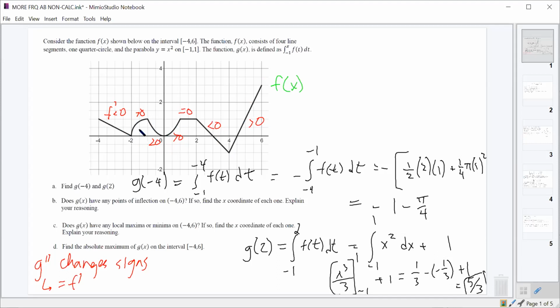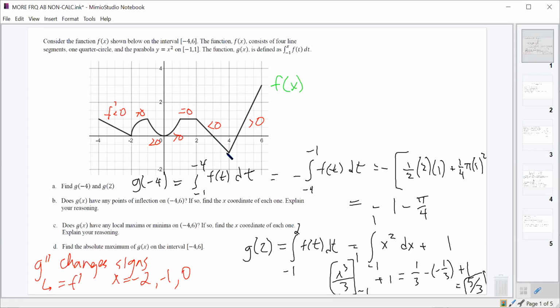Well, it changed signs at -2. It changed signs at -1. It changed signs at 0. It went from positive to 0 at 1. That's not a sign change. Right? It went from 0 to negative. That's also not a sign change.